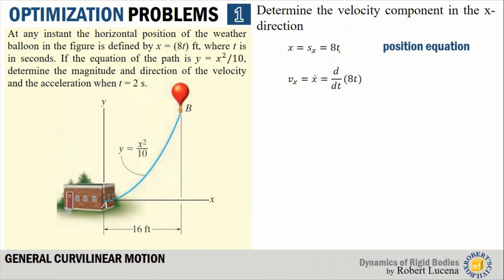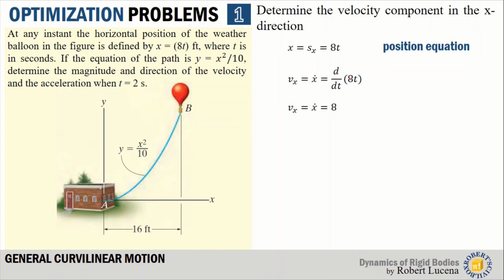Now, we could recall that the velocity along x, or Vx, is the first time derivative of x. So to get the velocity equation, we simply get the derivative of x. So performing that, we get Vx equal to x dot, equal to the derivative of 8t, again with respect to time.